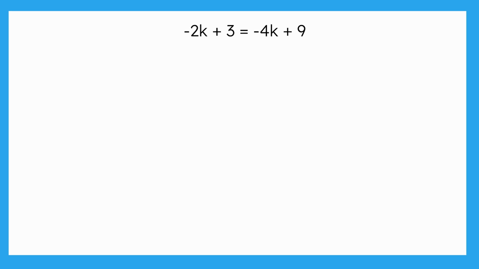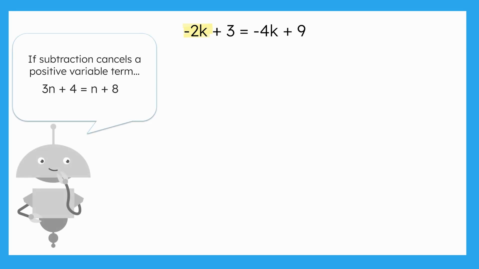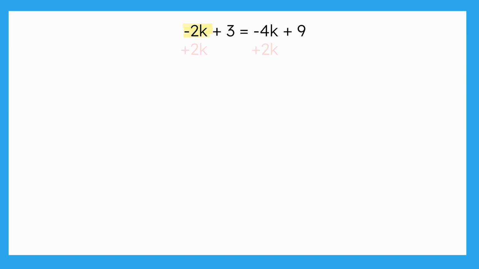Since we have 2 variable terms again, I'll start by canceling one of those terms using inverse operations. How can I cancel negative 2k? Well, if subtraction cancels a positive variable term, what operation will cancel a negative variable term? Yes, I can cancel negative 2k on the left by adding 2k to both sides of the equation.